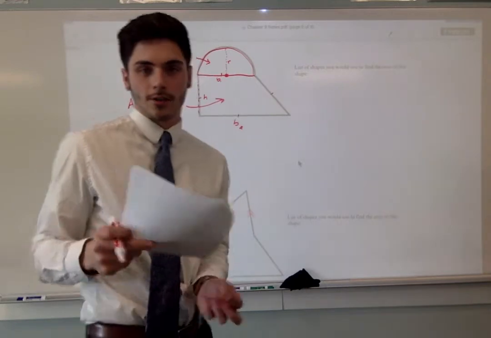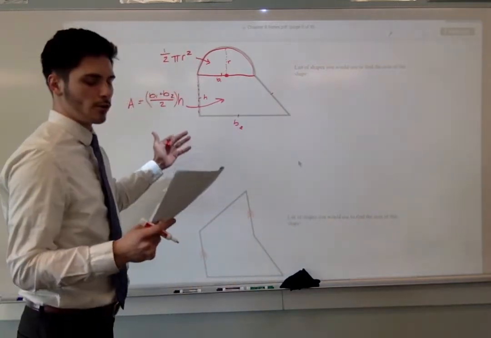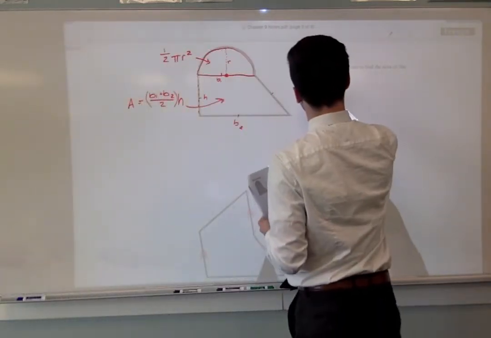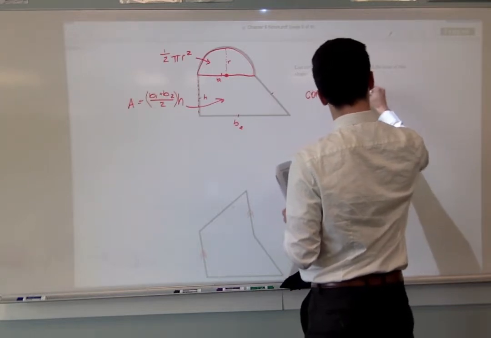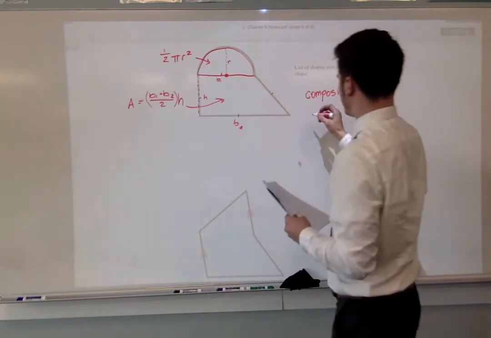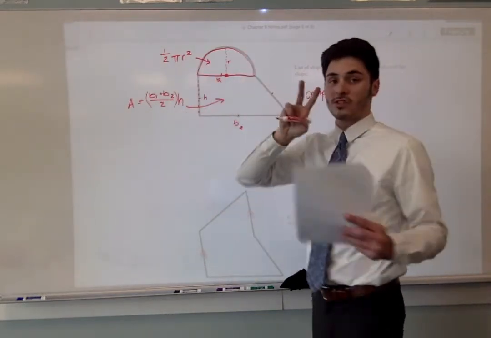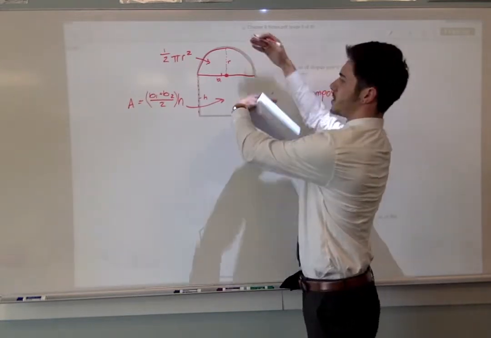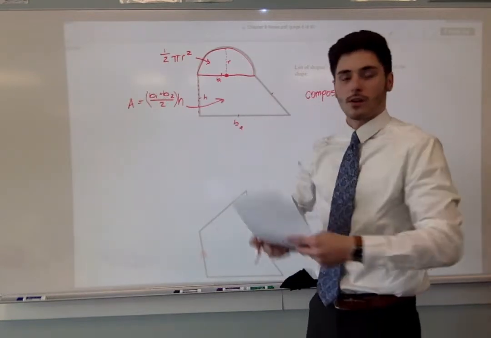So to generalize, because we're not given any measurements or anything like that, the composite area of this figure is going to be the combination of these two, because this is its own separate shape and this is its own separate shape. But since they're together and they're all one shape, we're going to put them together with addition, right?